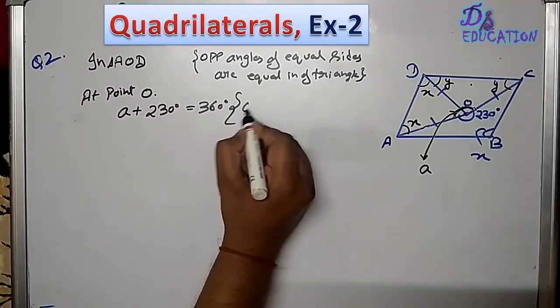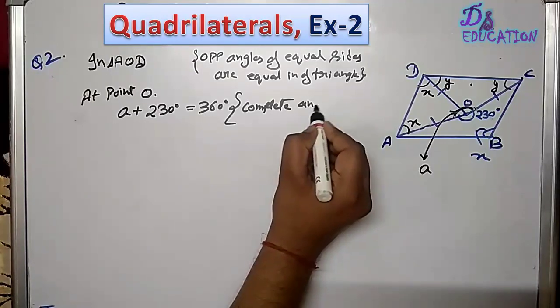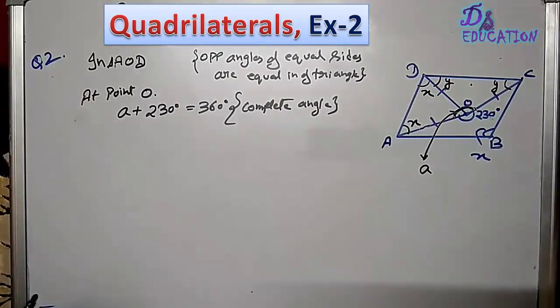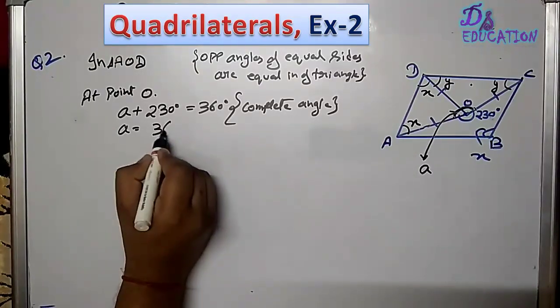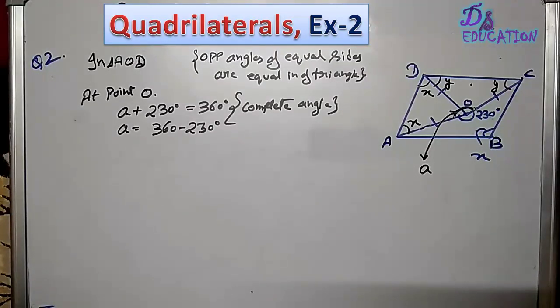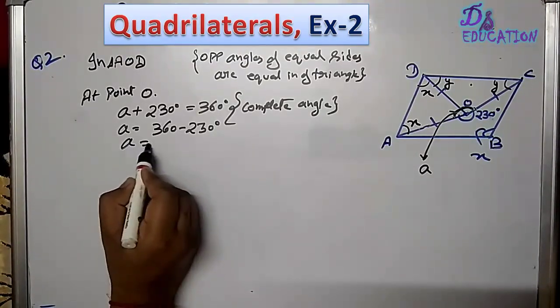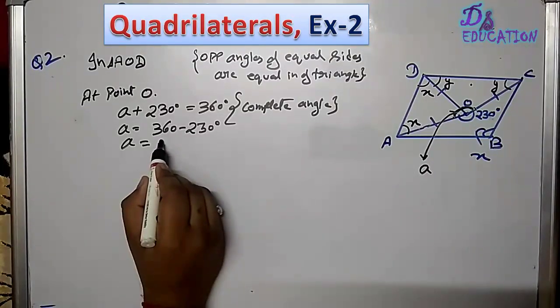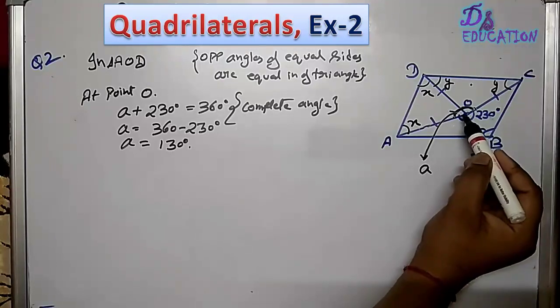Why? Because it is a complete angle. So A is equal to 360 minus 230 degree. Please understand this question very clearly. It is a very nice and important question for you all. So A is equal to, when I subtract, I will get 130 degree. So angle O becomes 130 degree.